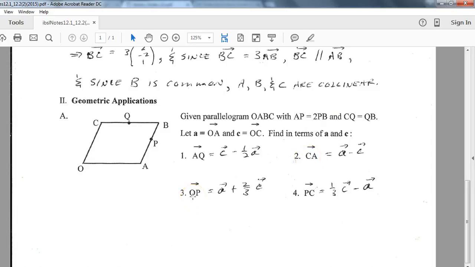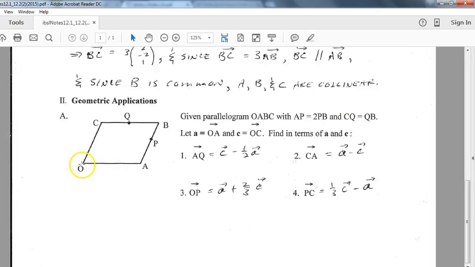Right here, if I want to go from O to P, along those lines right there, again, think of it in terms of what we've already done. From here, if I want to go from O to P, I'm going to have to go OA plus AP to get there. We already know this is A right here.